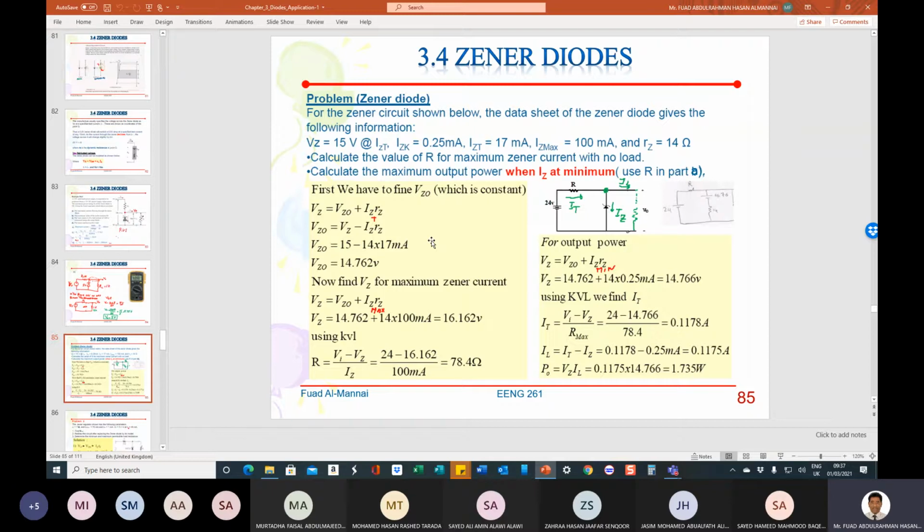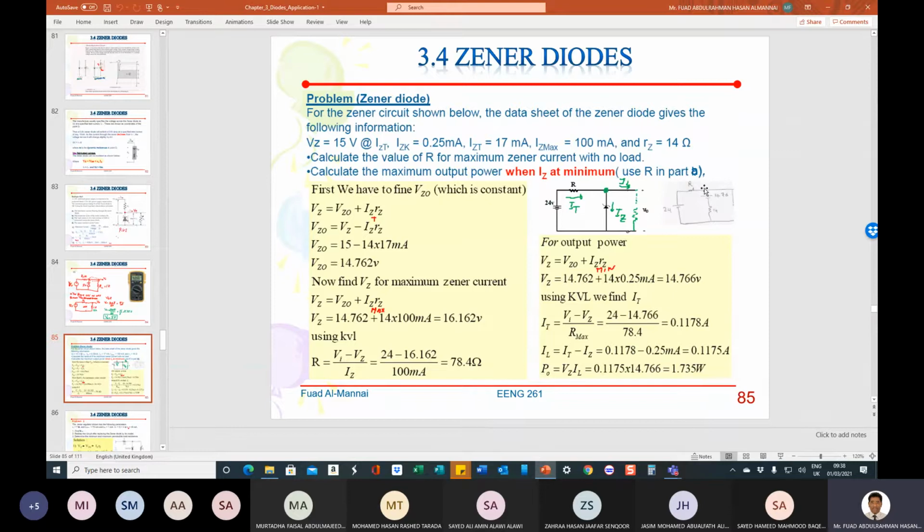All right, now we come back to our question. He said calculate the value of R for maximum Zener current with no load. For maximum Zener current, that means the maximum Zener current will flow through the diode. Once it flows, the thing that's going to change is the voltage across RZ.